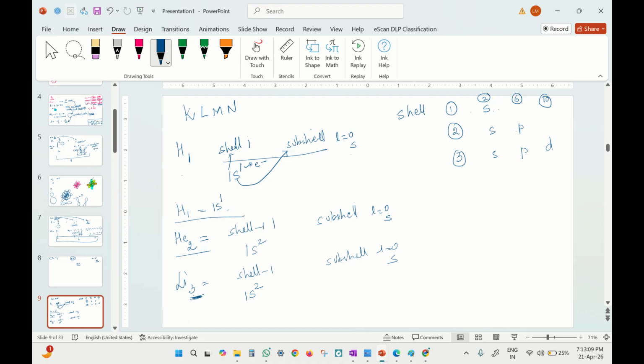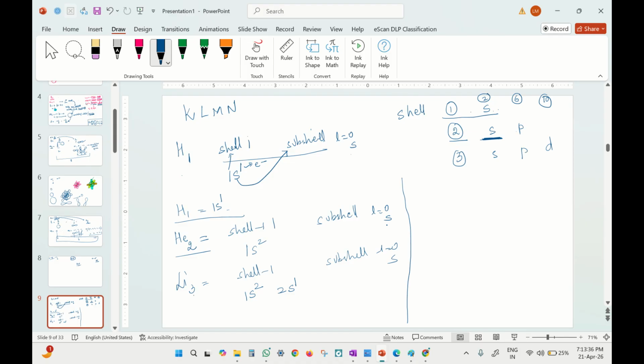So where will I go? After filling up the first shell S subshell, I'll go to second shell S subshell. So the configuration further will become 1s2, 2s1. Yes, Vishak, clear?